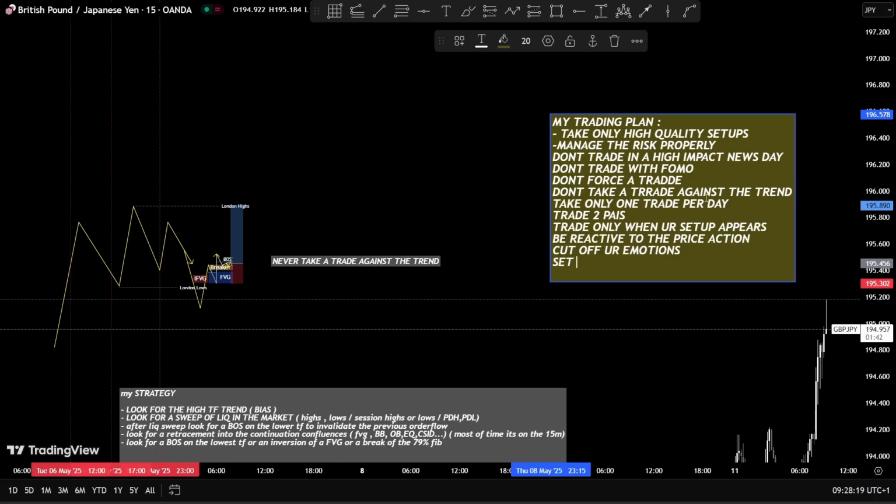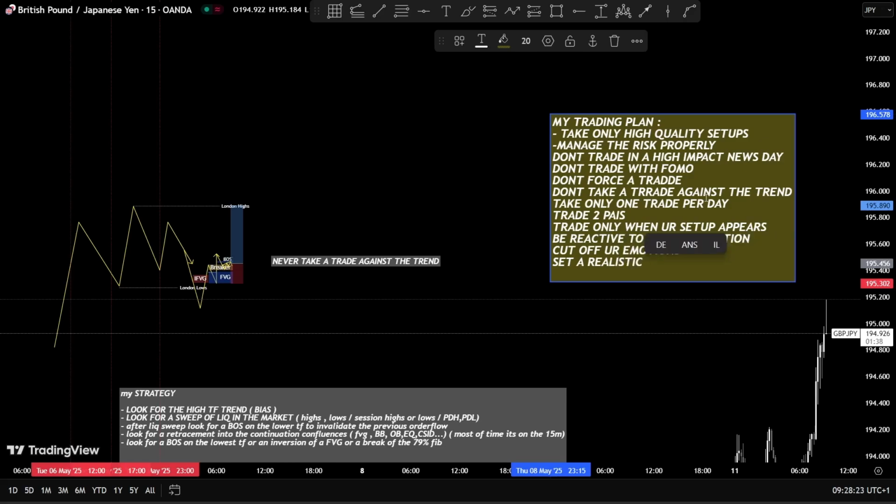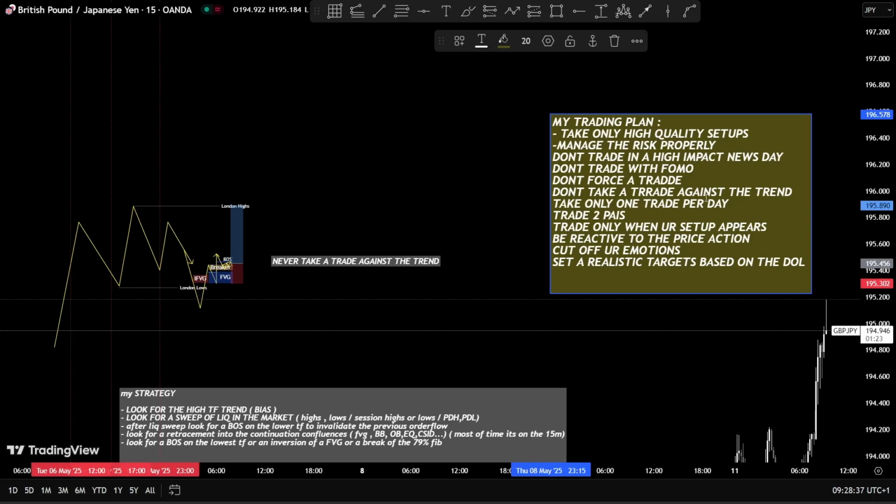Set realistic targets based on the drawn liquidity. So never set your TP on a 1 to 7 RR. That's not going to happen.